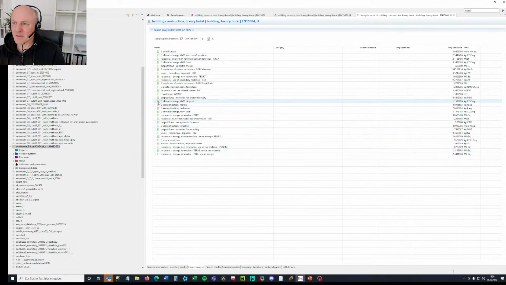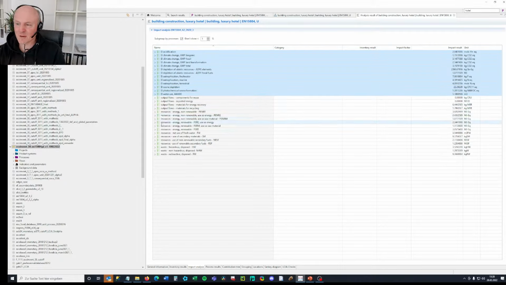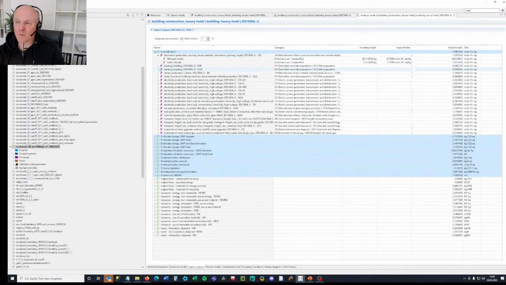And in impact analysis, we see here the LCA indicators, then output flows, and then resources, so these input flows, and of course the waste. So that is the logic. And then in openLCA, of course, you see quite nicely who is contributing, which flows are contributing. So it's very detailed, and more detailed than the other software, and helps a lot to drill down really into the results.